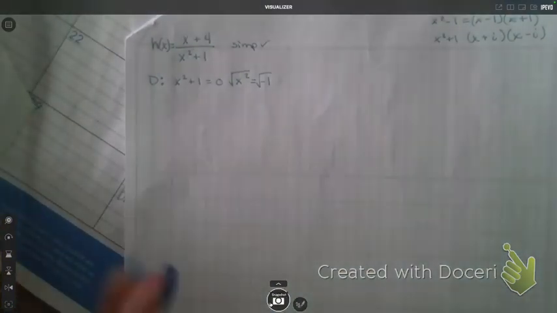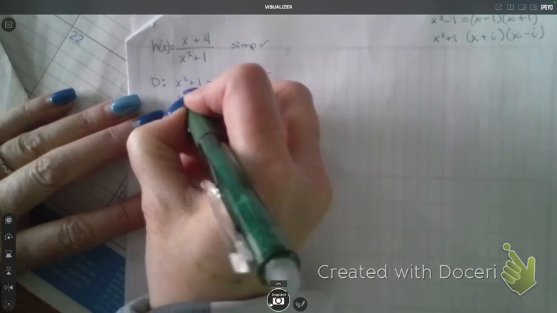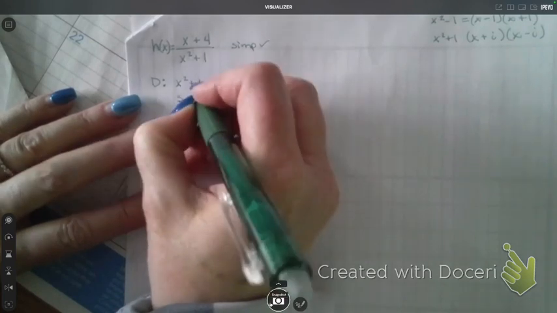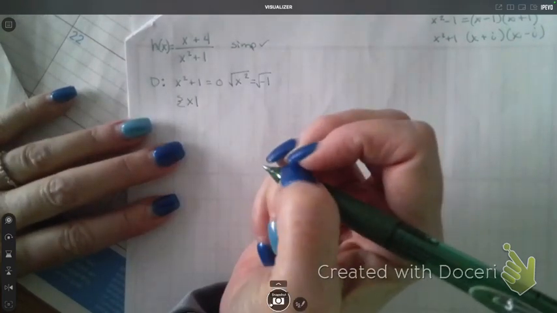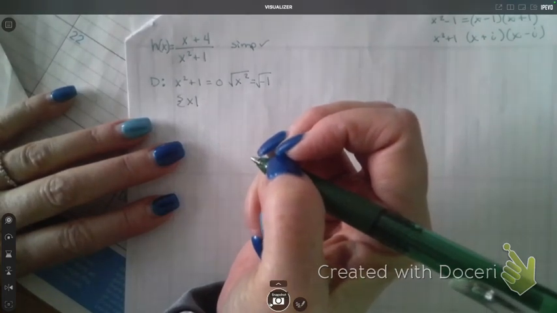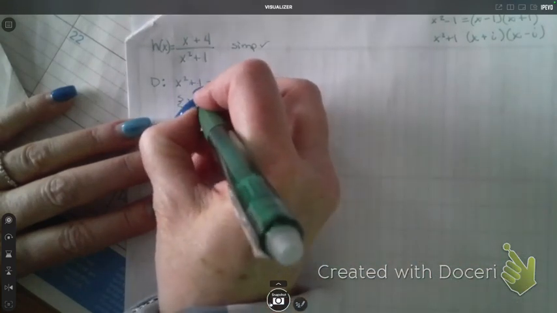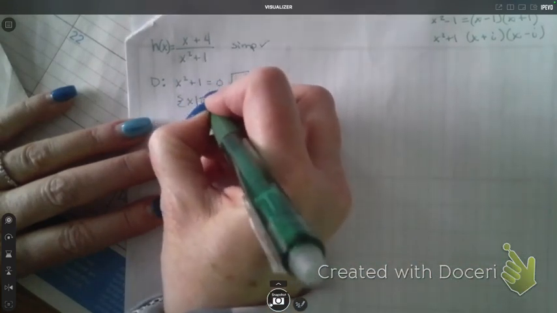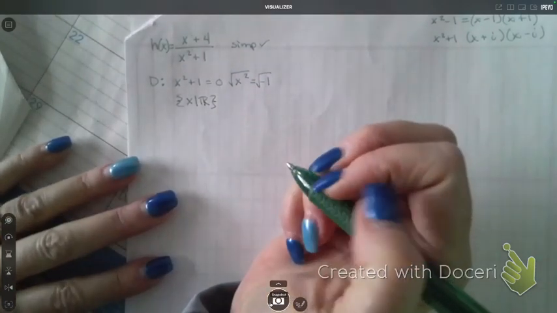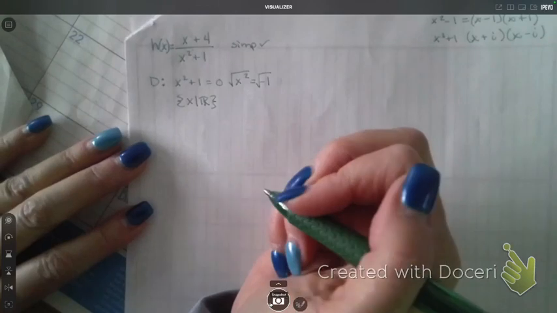So is there a limit on the denominator then? Nope. So if there's no limit on the domain, what do we say when it's everything? All real numbers. So we just use that double-struck R. Sorry.